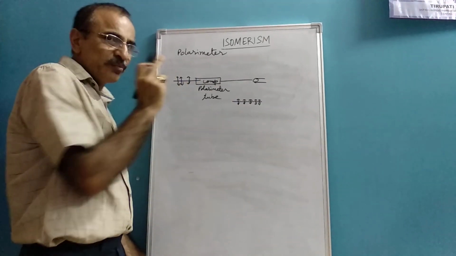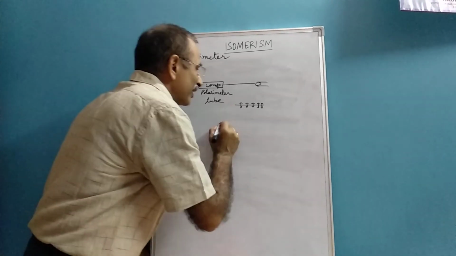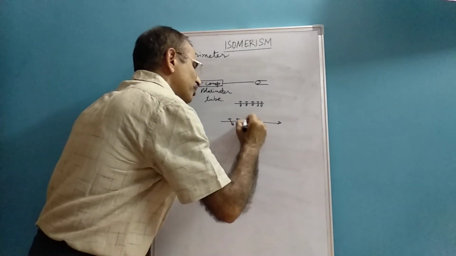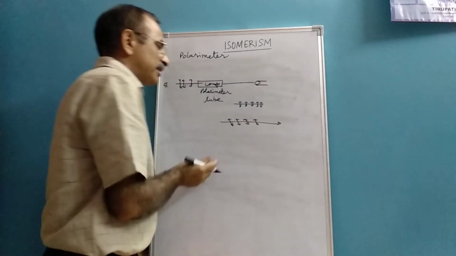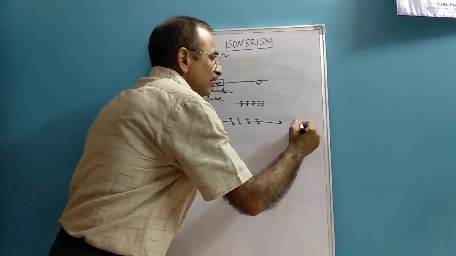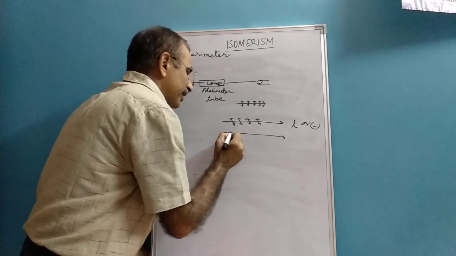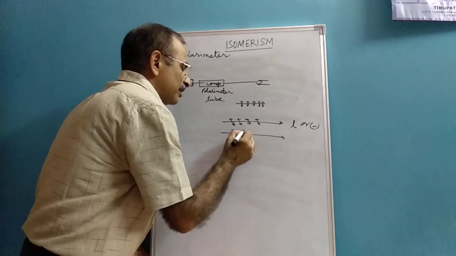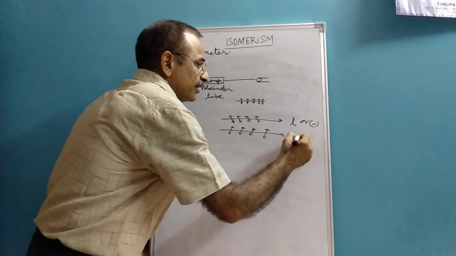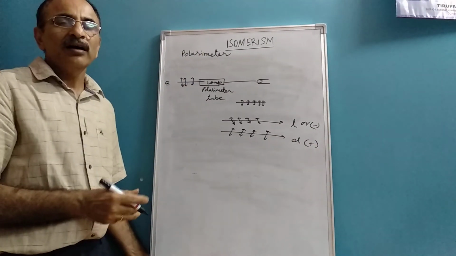That one is either meso form or optically inactive. But when this plane polarized light is found to be rotated in an anti-clockwise direction, it is L or minus. And if it is observed that it has been rotated towards the right hand side, it is dextro, D or plus.